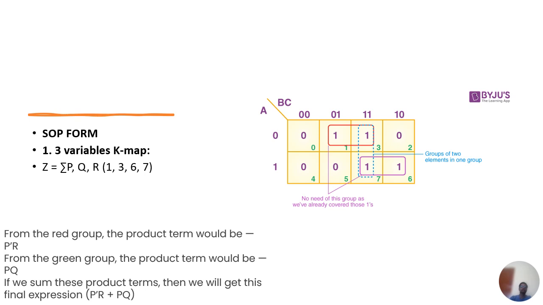Consider a rectangular box with the 8 blocks, and the elements should be arranged as 0, 1, 3, 2, 4, 5, 7, 6. Next we have to group the numbers. From the red group, the product term would be P dash R, and from the green group, the product term would be PQ. If we sum these product terms, then we get the final expression, that is P dash R plus PQ.